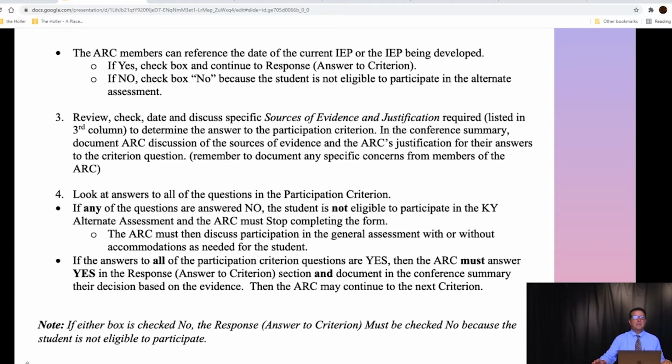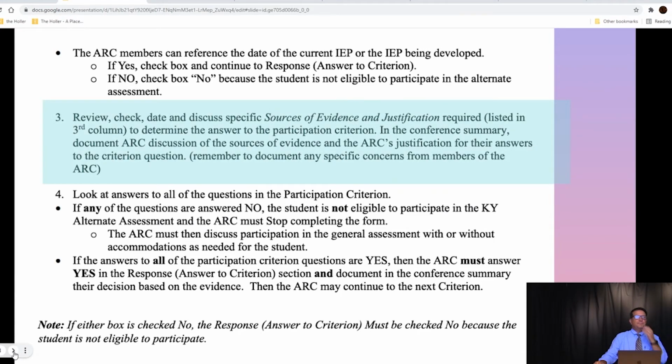If we have an IEP and an eligibility, it's typically those eligibilities that we discussed in the previous slide. So make sure we review, check, date and discuss specific sources of evidence and justification, and we have those dates properly documented.